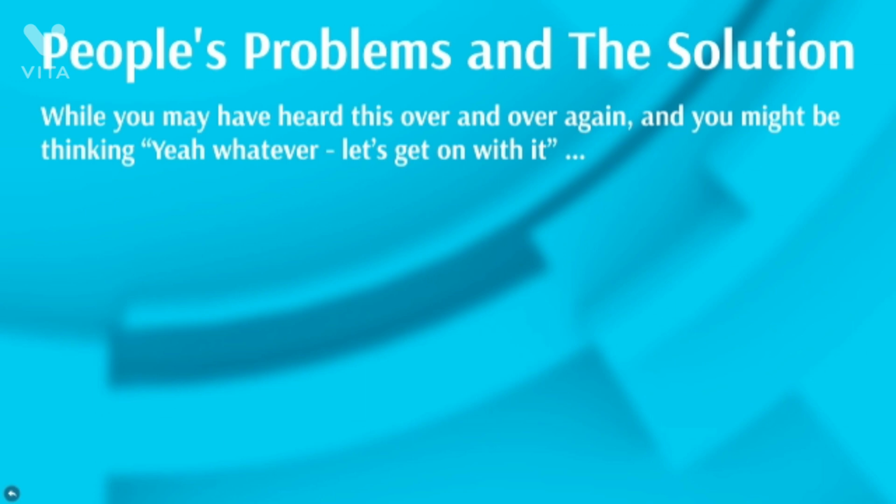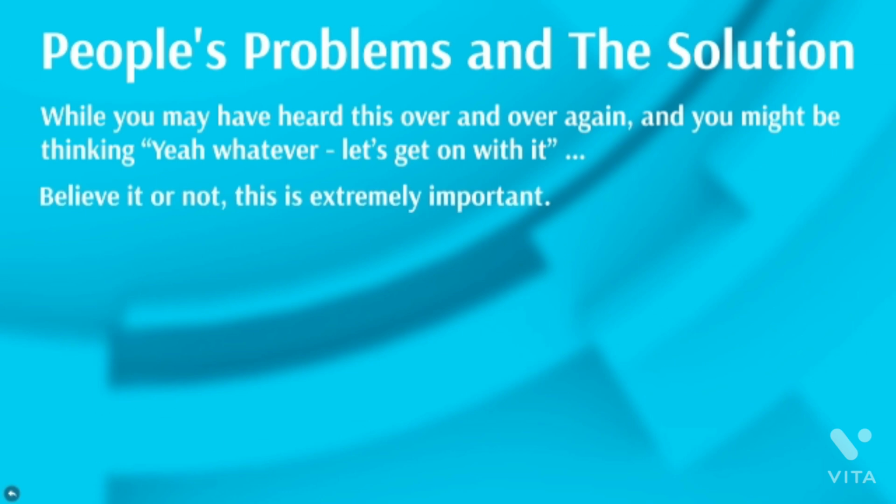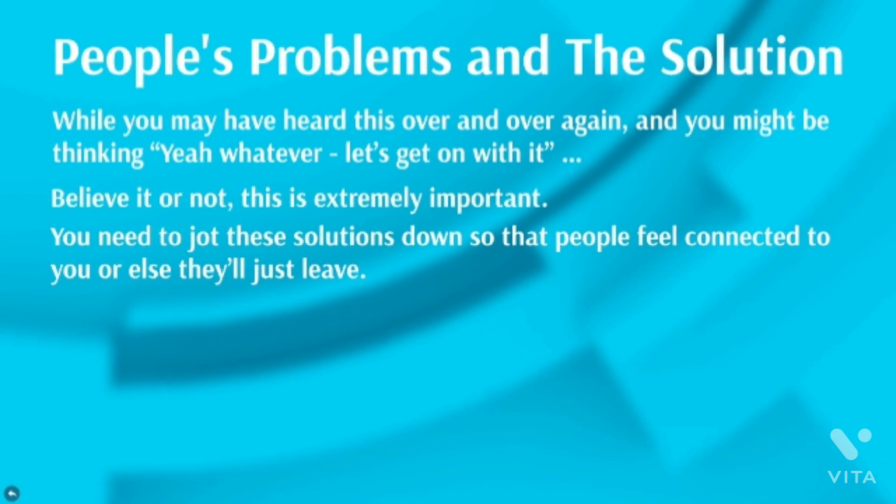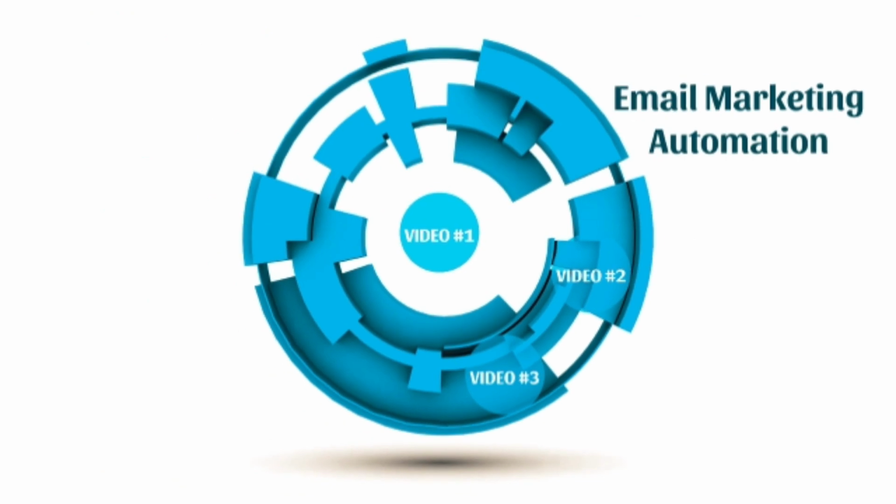But if you build a list to build a list without any sort of plan, without even understanding their problems and pains and all that, you don't really know what stage they are at. Does that make sense? So believe it or not, this is extremely important. You need to jot these solutions down so that people feel connected to you, or else, of course, they'll leave. So with that said, let's move on to video number 4.